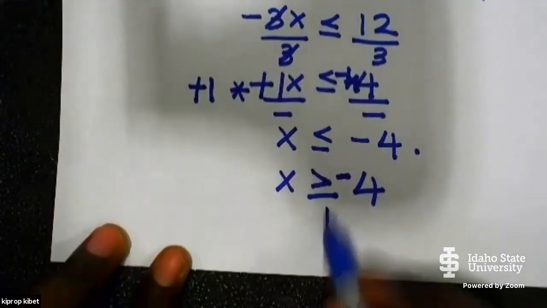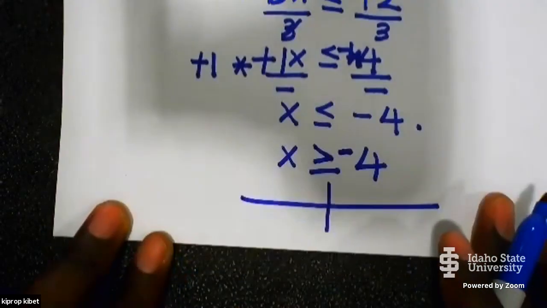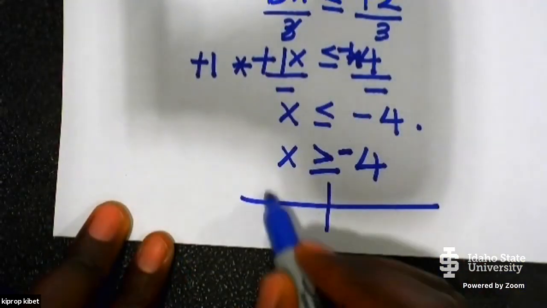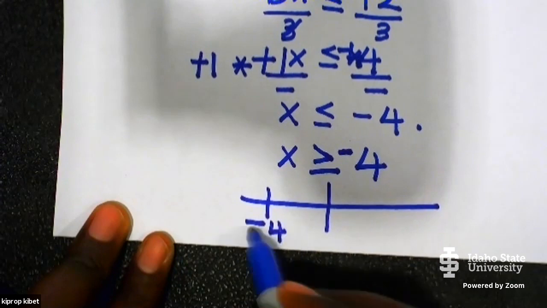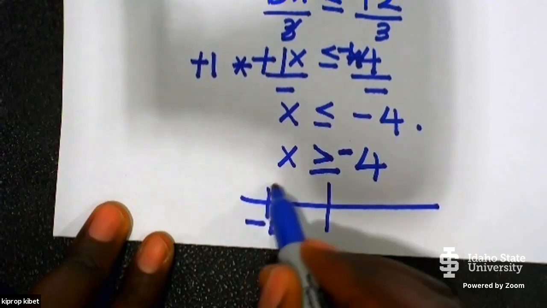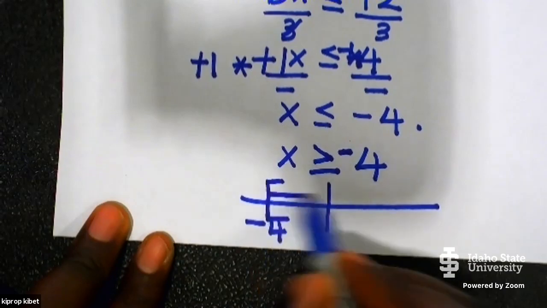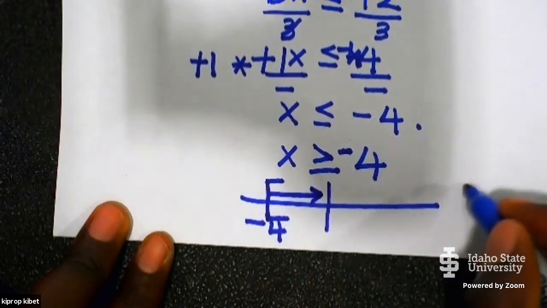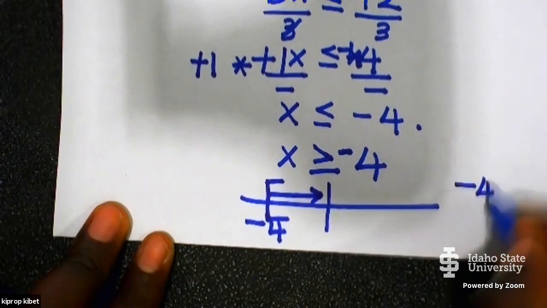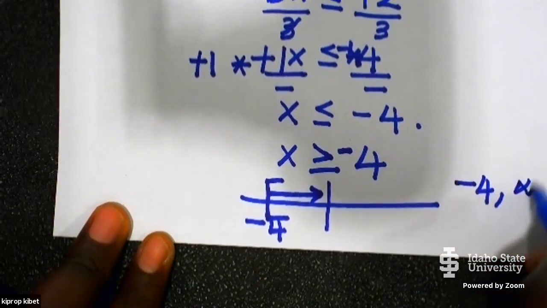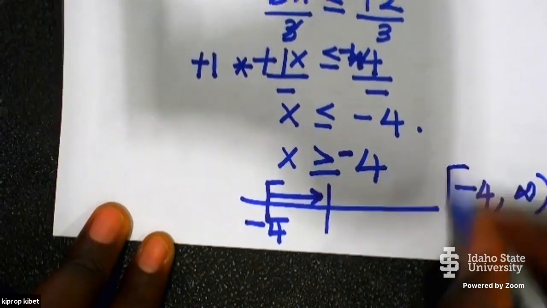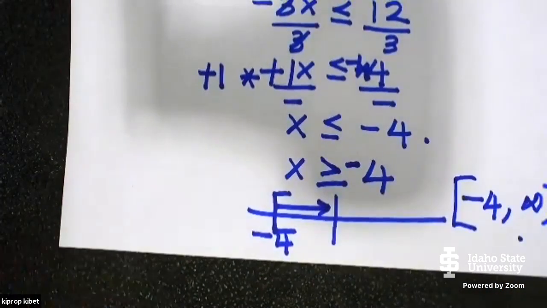So when you draw the number line, there is a -4 here. Then it will go this way. So it will be -4, then positive infinity, that one's closed.